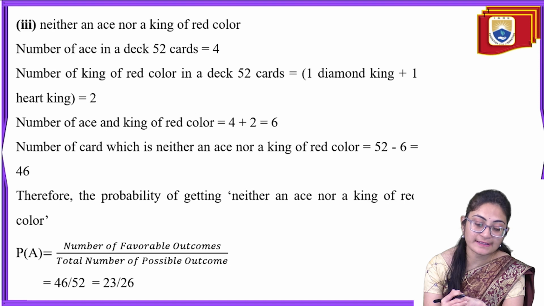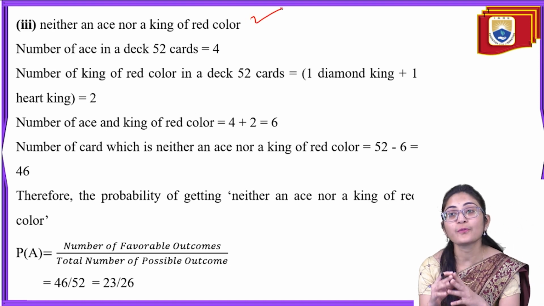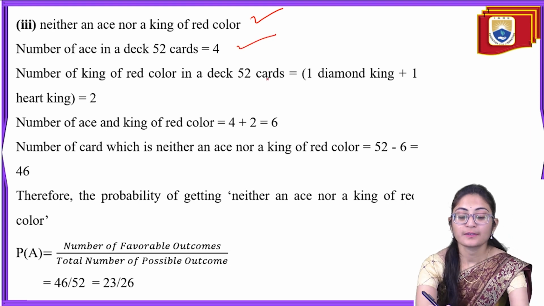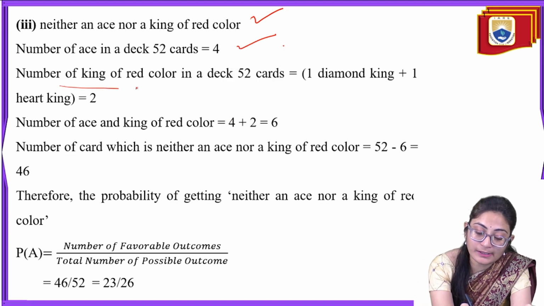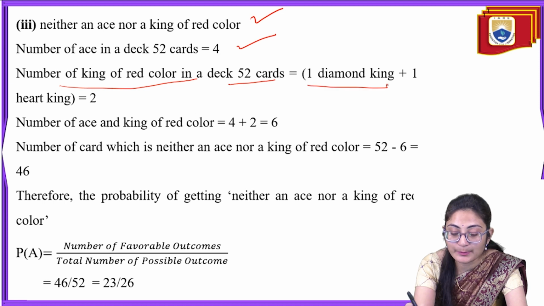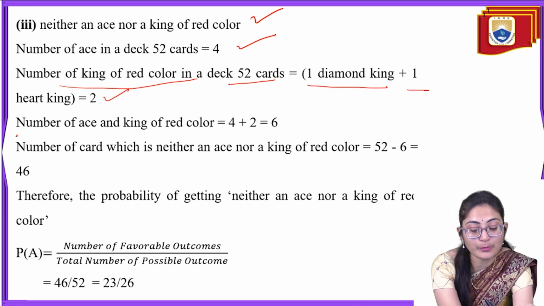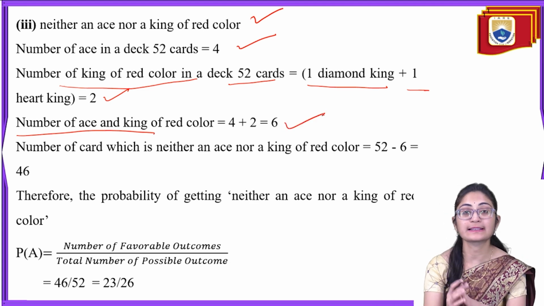Then the third condition is neither an ace nor a king of red color. Number of aces in a deck of cards is 4, and the number of kings of red color in the deck is 1 diamond plus 1 heart king, 2. The number of aces and kings of red color is 4 plus 2, that is 6.